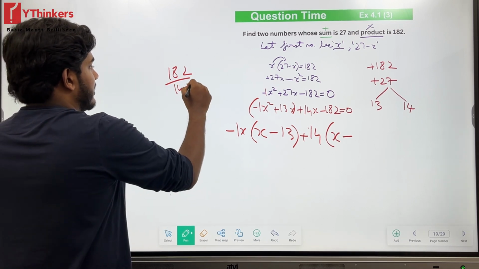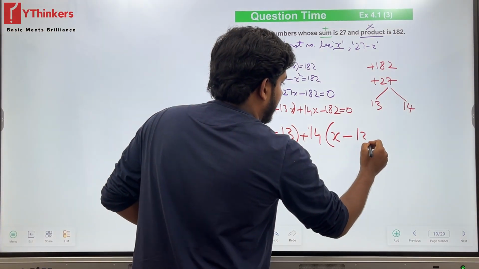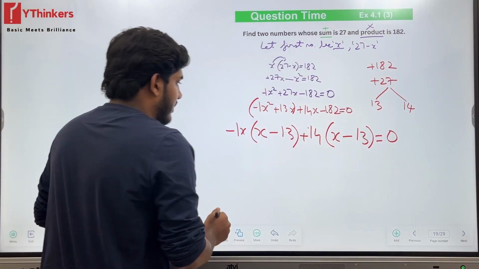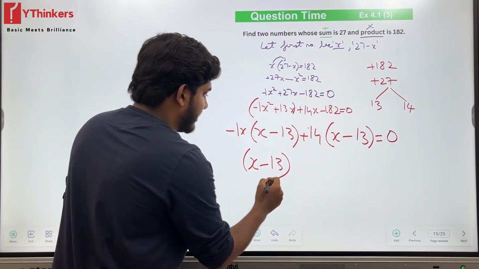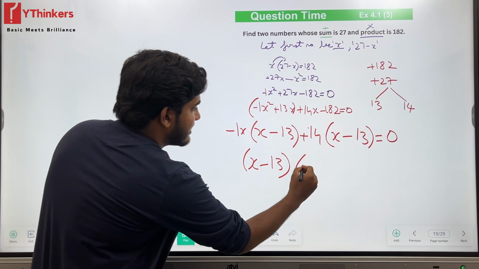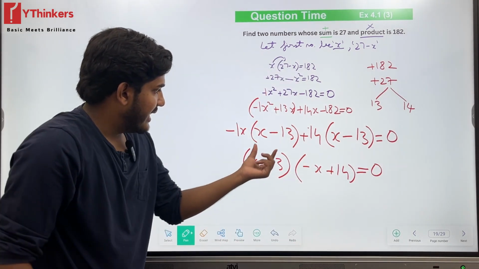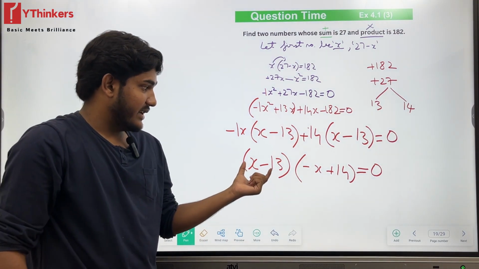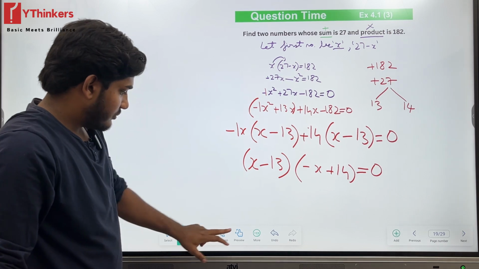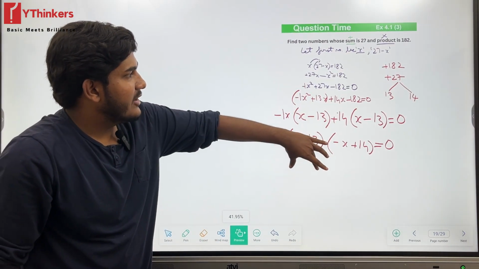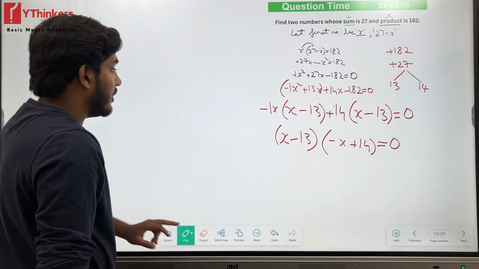Okay, no problem, 13. Now let me make it more beautiful: x minus 13, and one more is minus x plus 14, correct? These steps you have to know very carefully. I took x minus 13 as same, minus x plus 14 equal to 0. Same as we have been doing before. I did not do anything different.